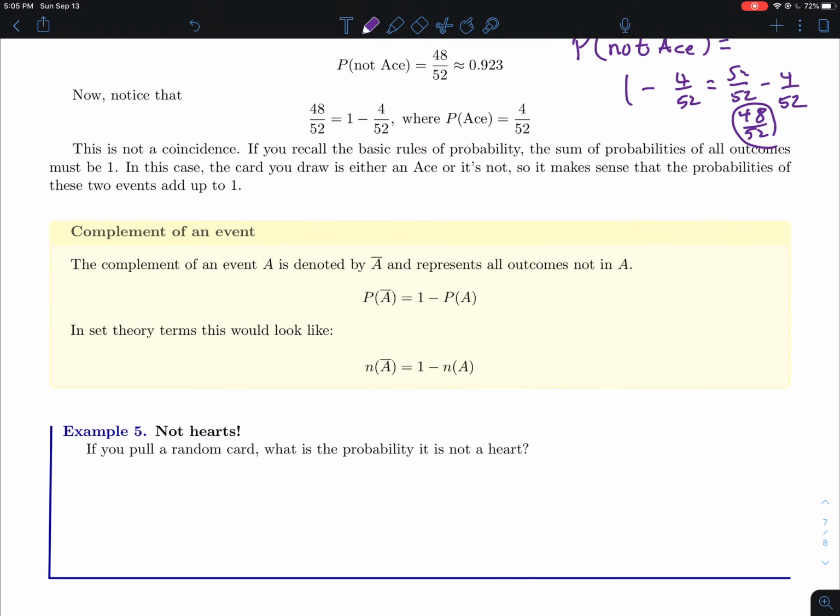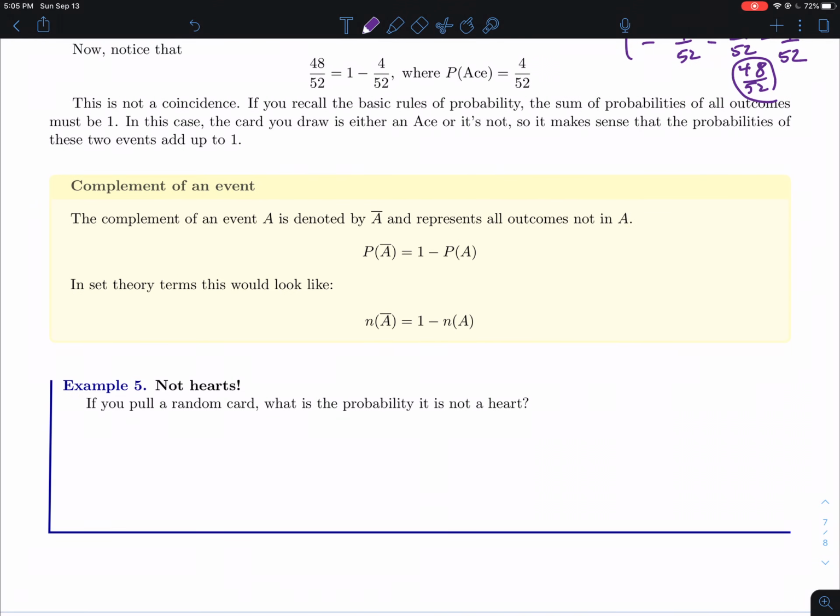So in general, the complement of an event, denoted A with an over line, which is what we saw in set theory, has probability of A complement equal to 1 minus the probability that the event A occurred. And in set theory terms, not that this matters, the cardinality of A complement would equal the cardinality of the sample space minus the cardinality of A.